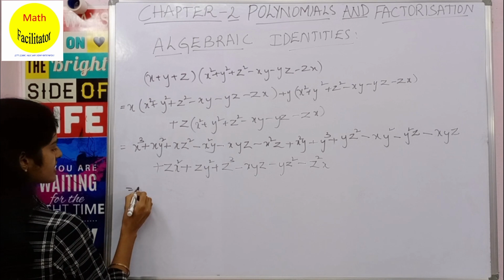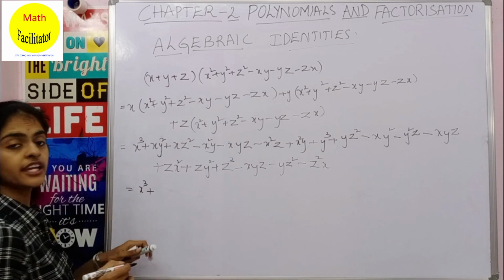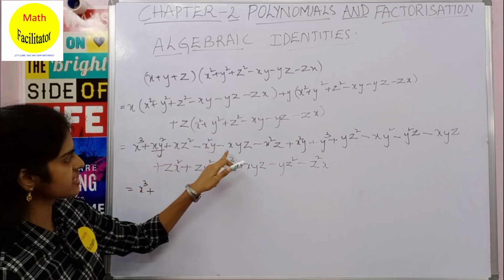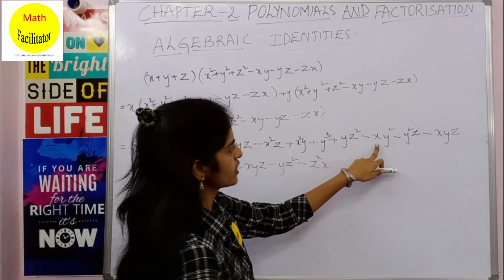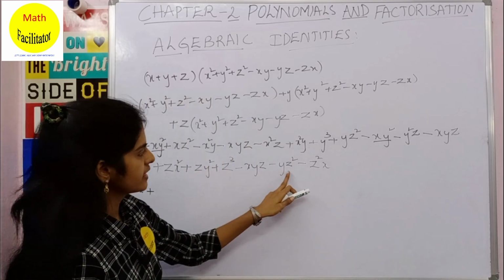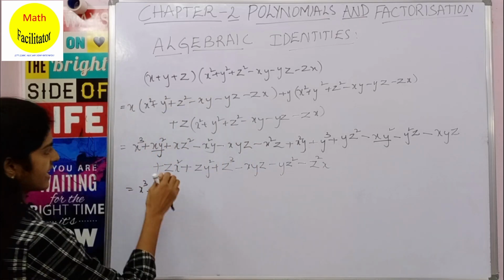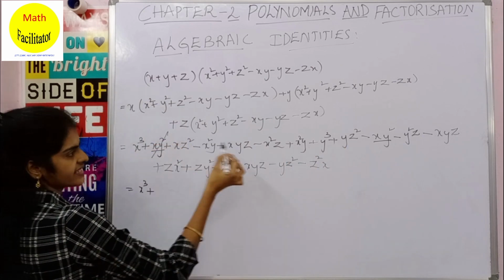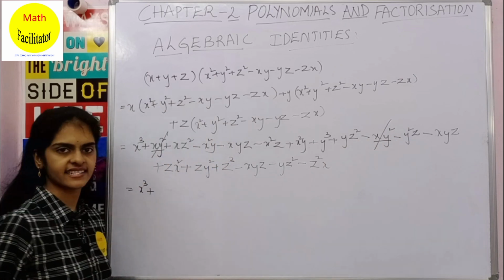So this is nothing but x cube, plus you have xy square here. Now check if there is any xy square again. So here you have xy square, so this is plus xy square and this is minus xy square, so they get cancelled. Clear?